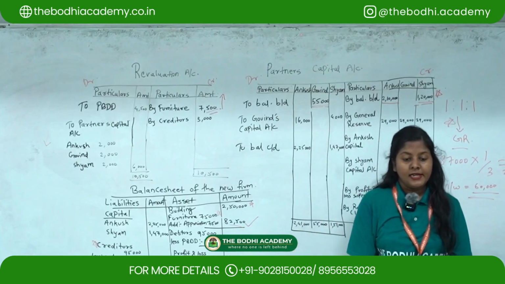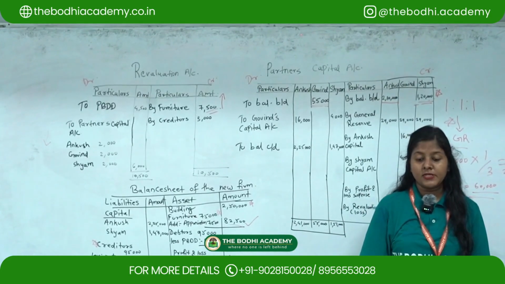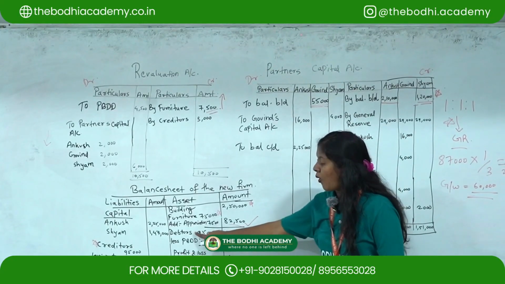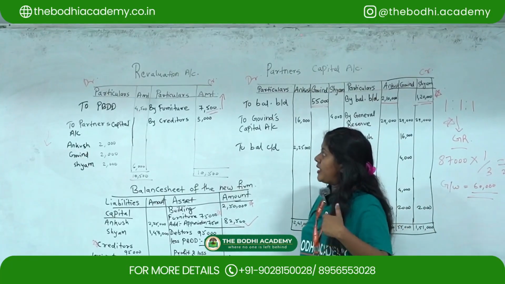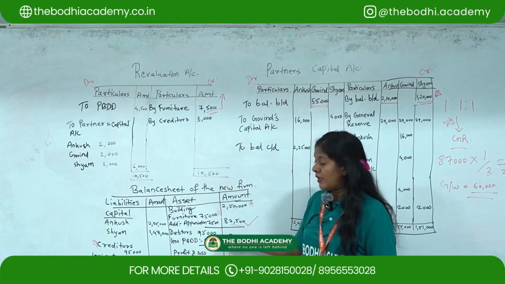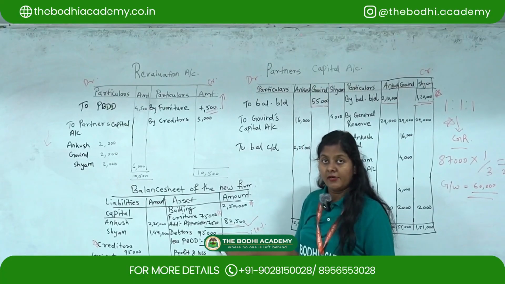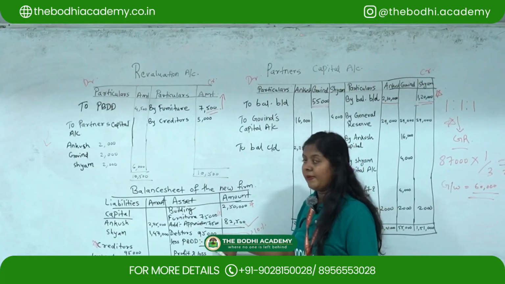Then next, provision for bad and doubtful debts to be maintained at 10% on debtors. Now, they have told us that on debtors you have to find out 10%. So this provision, extra provision you have to make. Debtors are 95,000. If you find out 10% on this, you will get 9,500, which will give you 85,500. So this is the new PBDD.